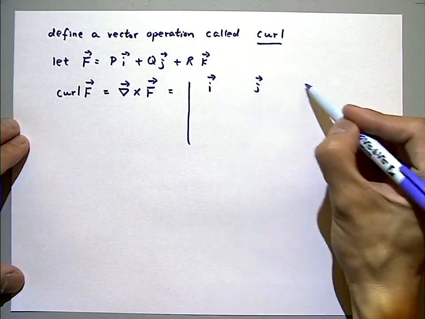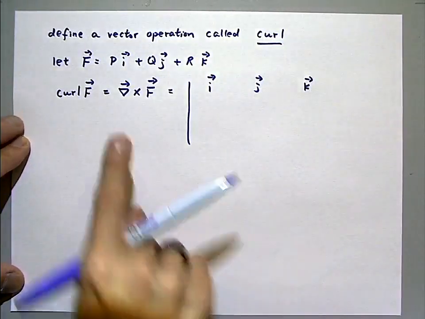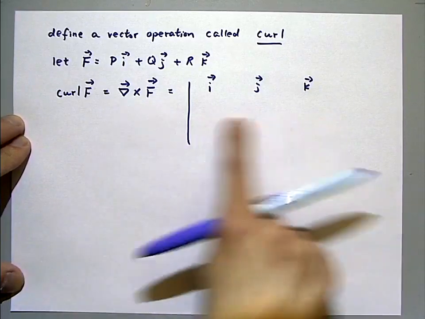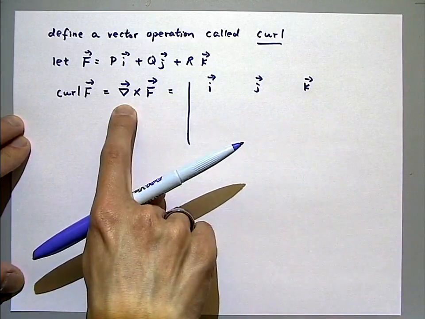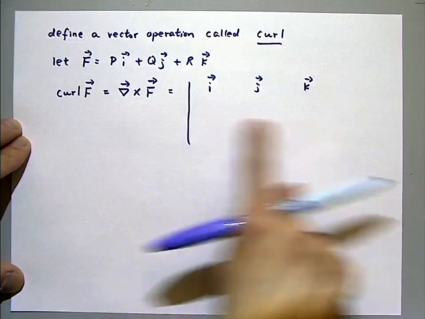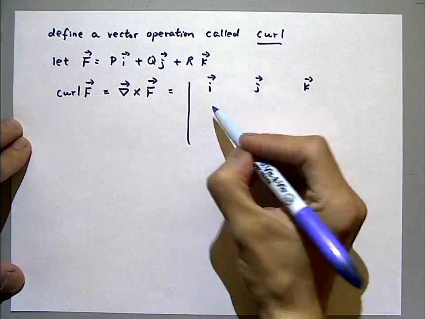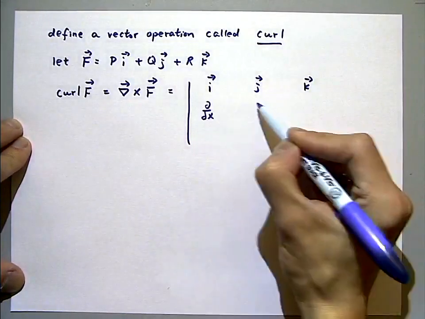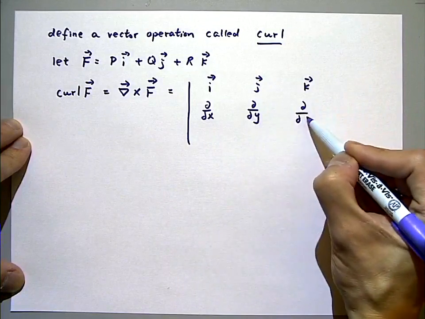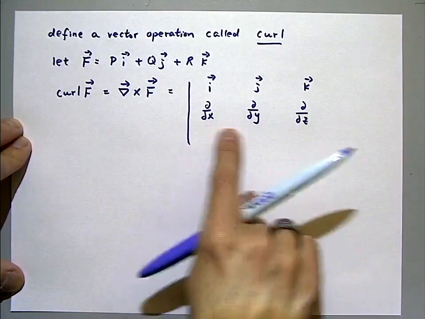So when you do the cross product, remember you treat del like a vector. When you cross two vectors, you do the determinant with the second row being the first vector. So del is not a vector, but it's vector-like, right? So we're going to put del in the second row. And del has partial x in the i component, partial derivative with respect to y in the j component, and partial derivative with respect to z in the k component. All right, so this is del.